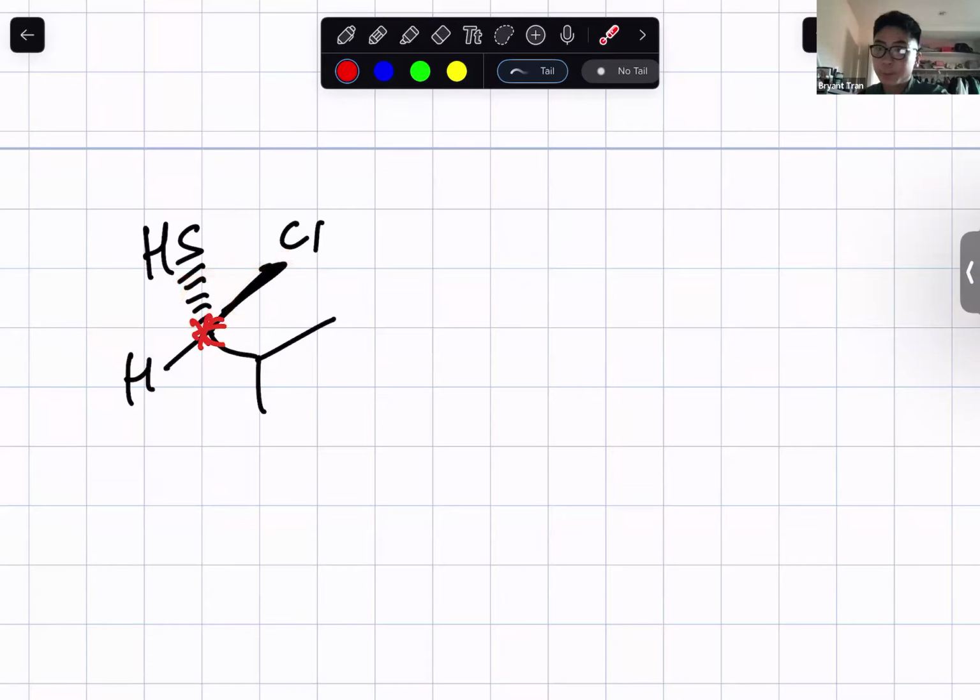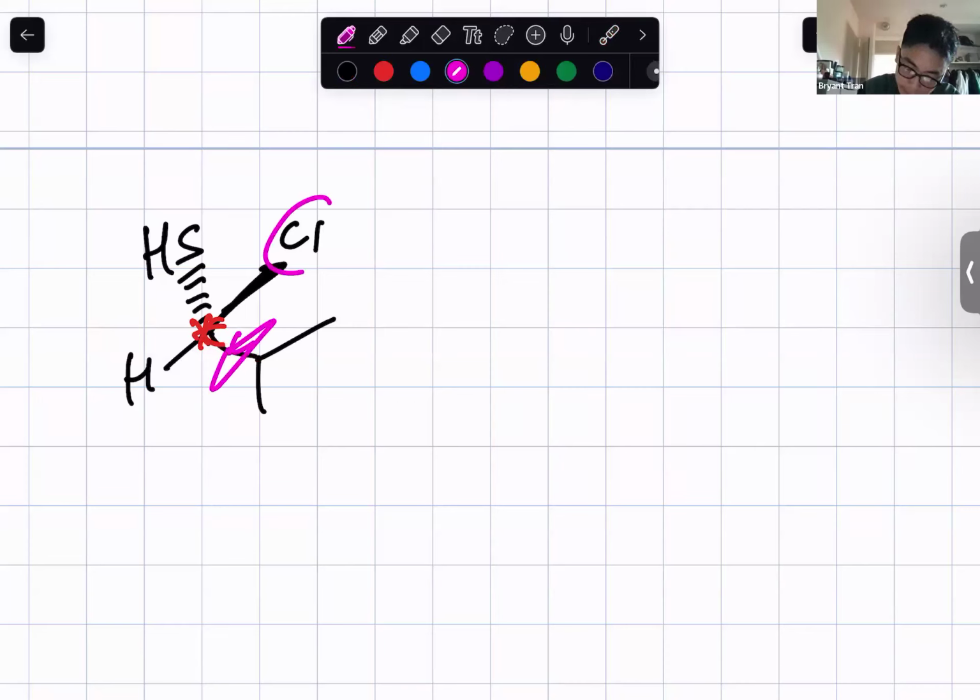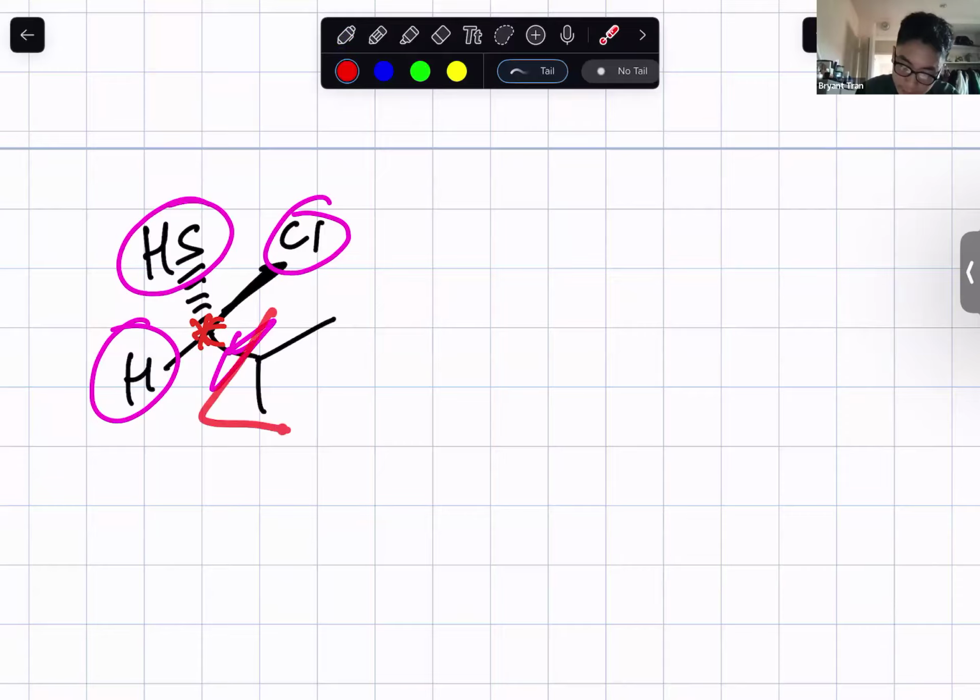So we cannot use that trick where we invert whatever it looks like. What we have to do is rotate this single bond right here, rotating these three groups around, and I'm going to keep this group stationary.